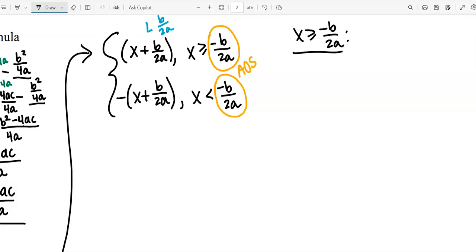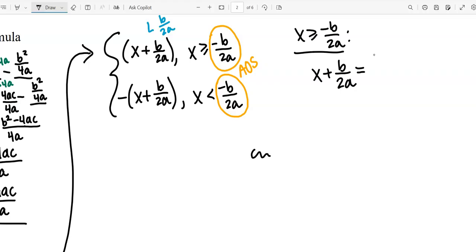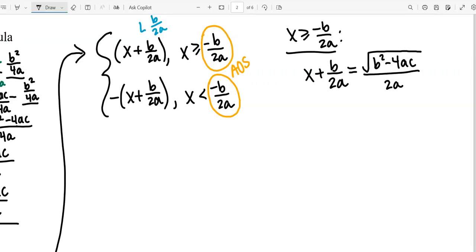From here, I can have x is greater than or equal to negative b over 2a. That equation is going to be x plus b over 2a is equal to the square root of b squared minus 4ac over 2a. How do I solve that equation?